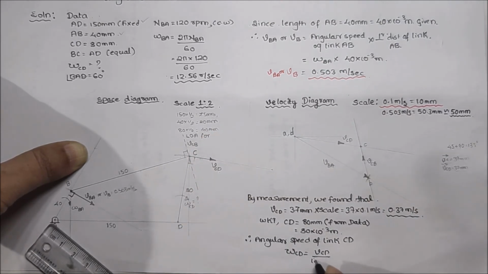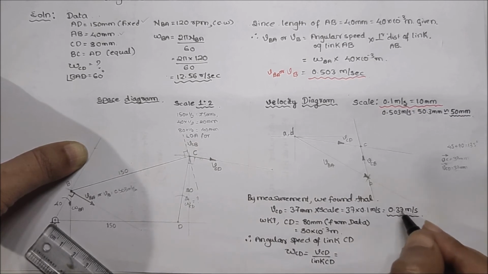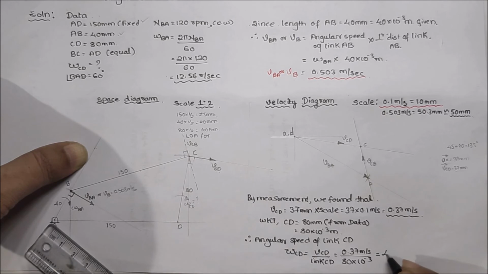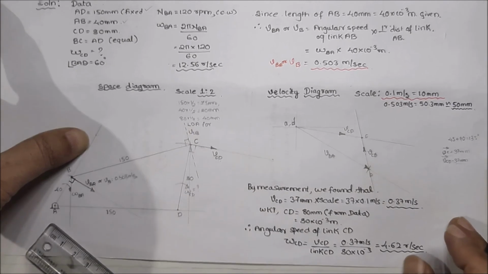So velocity of link CD is 0.37, so it is meter per second. And here it is 80 into 10 to the power minus 3. So when we substitute, we'll be getting something about 4.62. Its unit is radians per second.